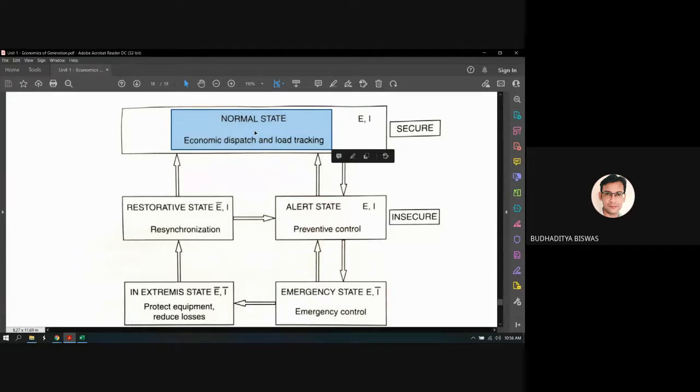Within 5 minutes, the generation demand may increase by 50 megawatt, 100 to 150 megawatt. If within this 5 minute time the generation must increase by 50 megawatt, then this type of emergency or extreme state may occur, because this is a completely mechanical system, so inertias are there.